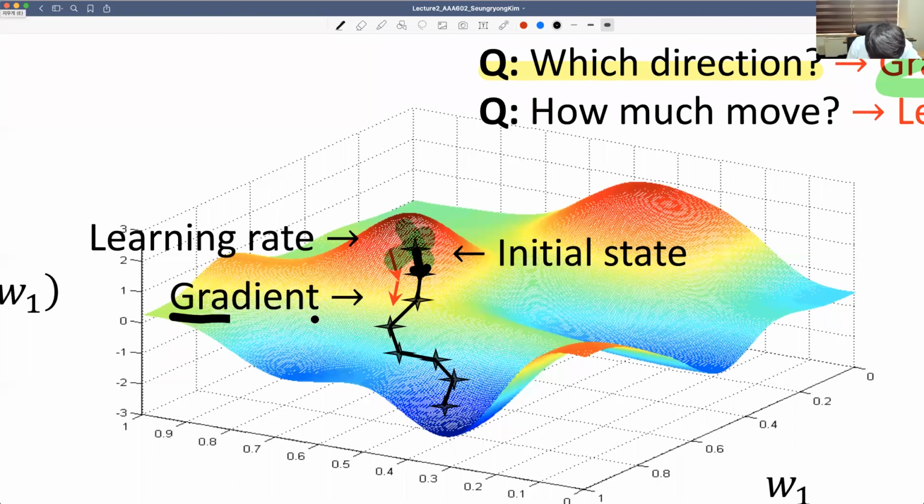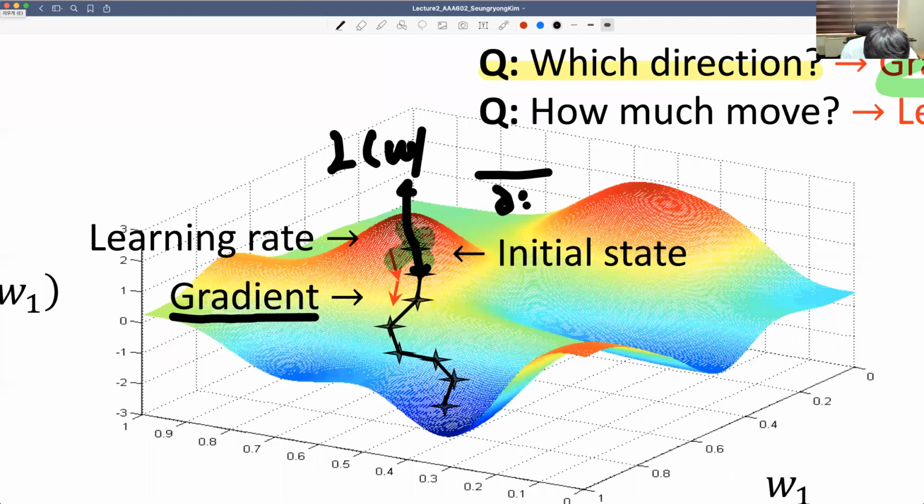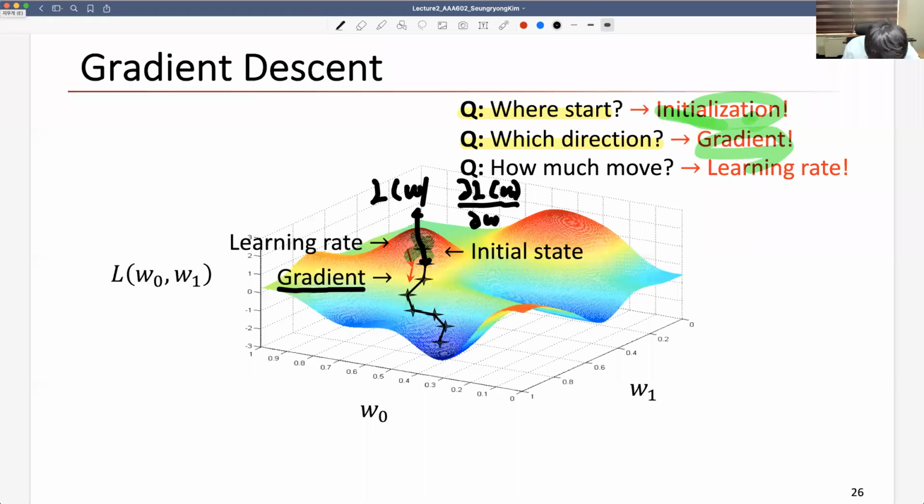So let's say this is a loss function of the W parameter. Then the gradient of this loss function with respect to W is going to determine the direction of our next path, right?